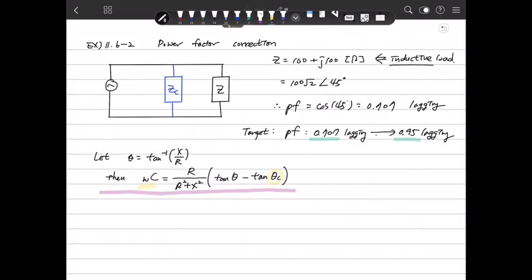Here theta is 45 degrees, and our target is 0.95, which should be cosine of the target power angle. Therefore theta C should be arccos 0.95.